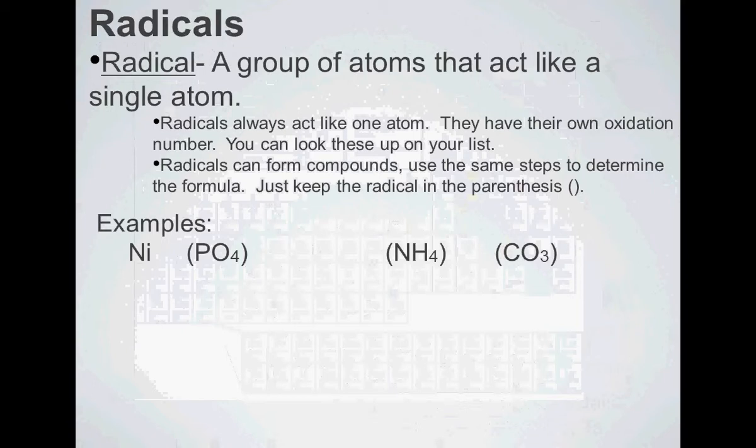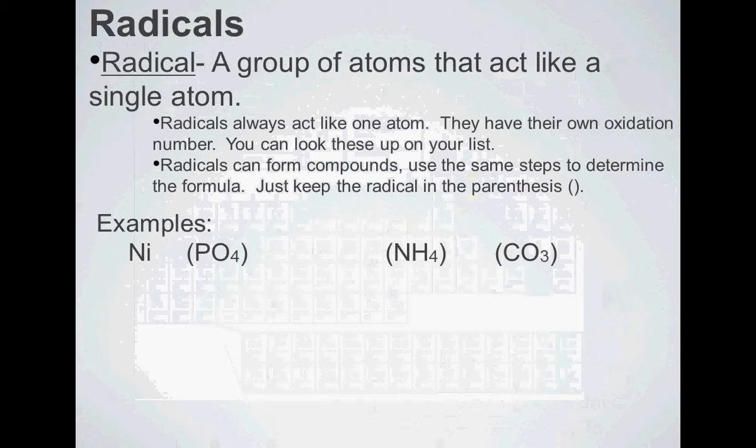And our last thing really to talk about here, in terms of how these chemicals interact with each other, is something called radicals. Radicals are a group of atoms that act together as a unit, and they act as a single element, a single atom.